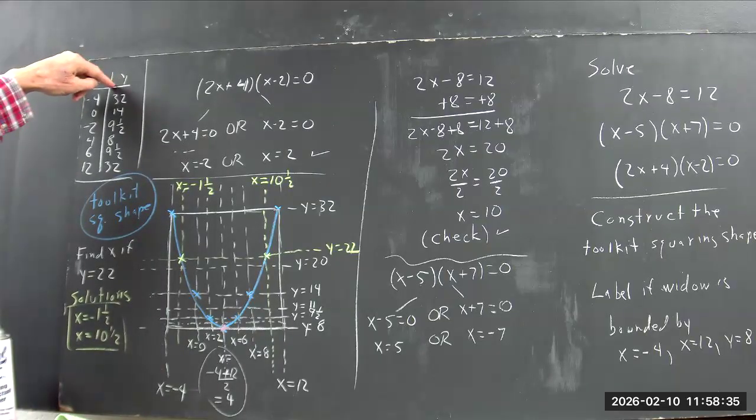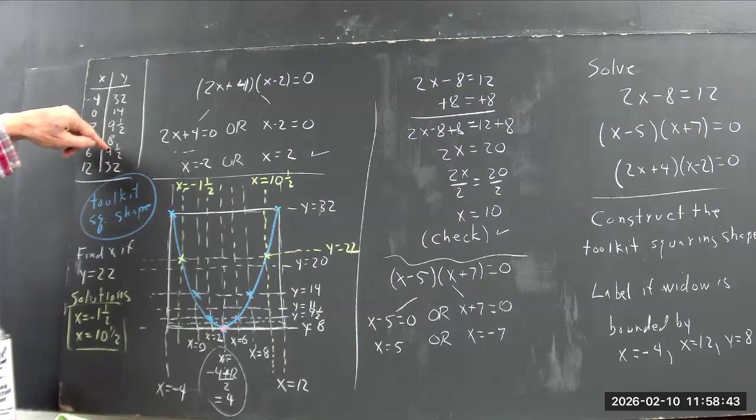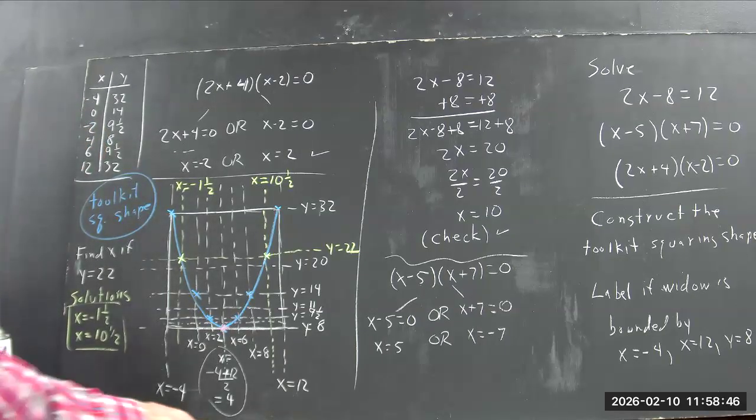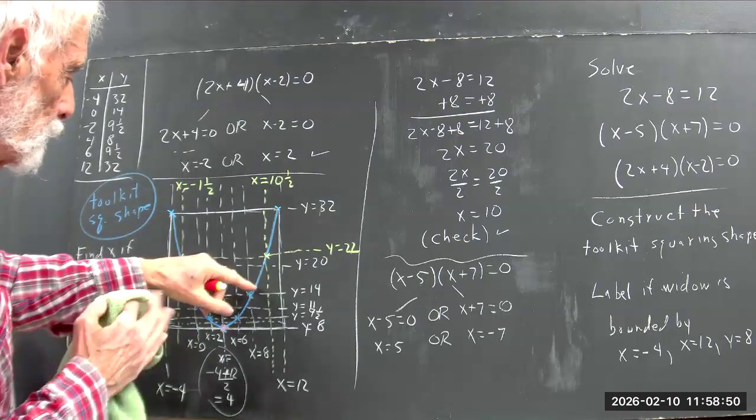Now, if you look at the y values, you see they go 32, 14, 9.5, 8, 9.5. Shoot, I left one out. Didn't do this point.